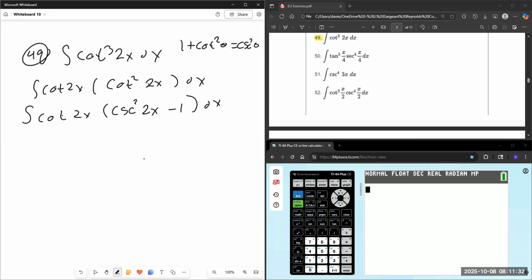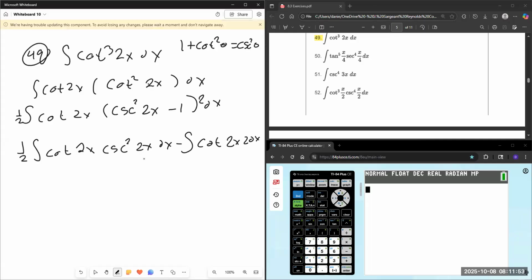And we'll put the 2 here and the 1/2 because I know I'm going to need it. 1/2 integral cotangent 2x cosecant squared 2x dx minus integral cotangent 2x times 2 dx with the 1/2 up front here.